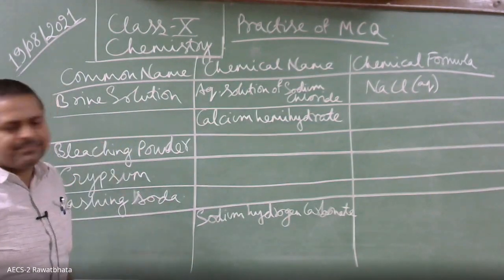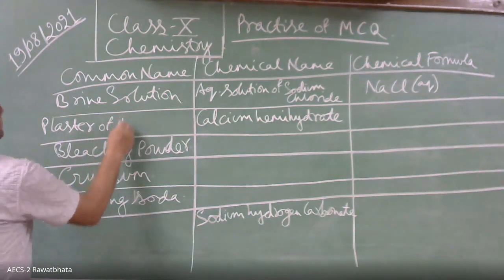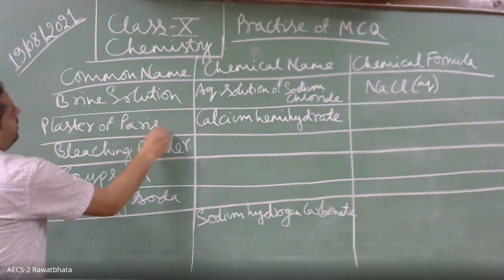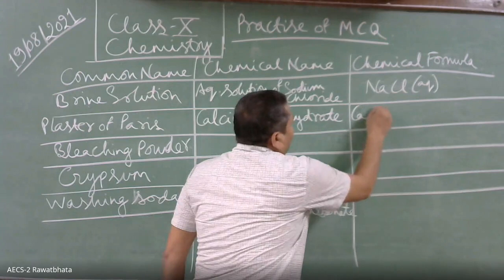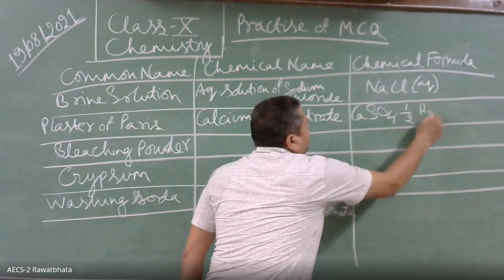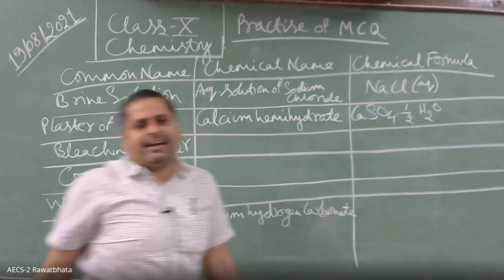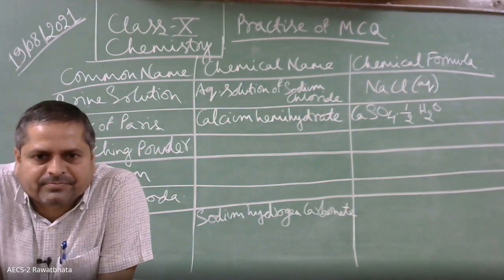Sir, calcium hemihydrate, common name is plaster of Paris. Very good. Well done. And what about its chemical formula? CaSO4 half H2O. Very good. That is why it is known as calcium sulfate hemihydrate.